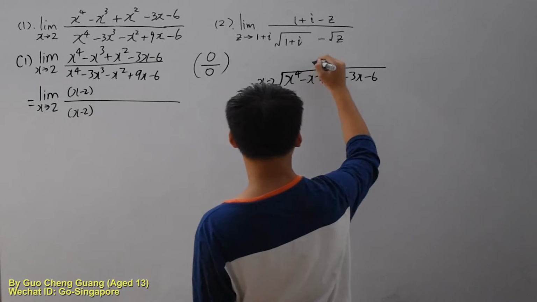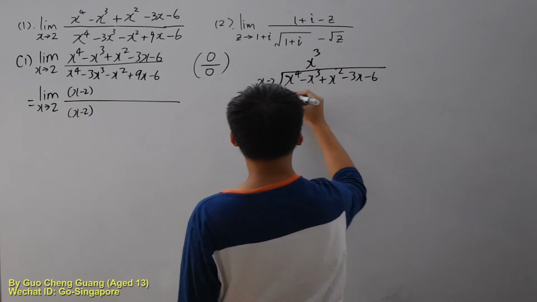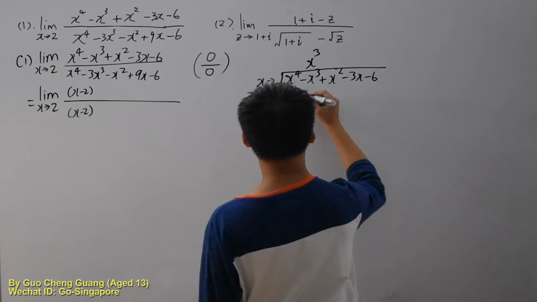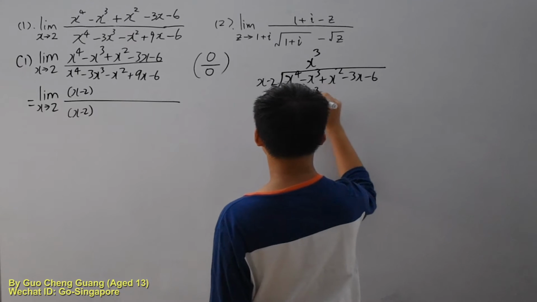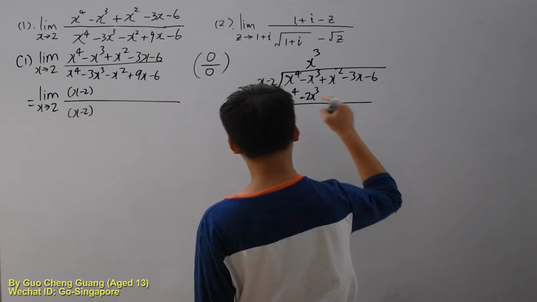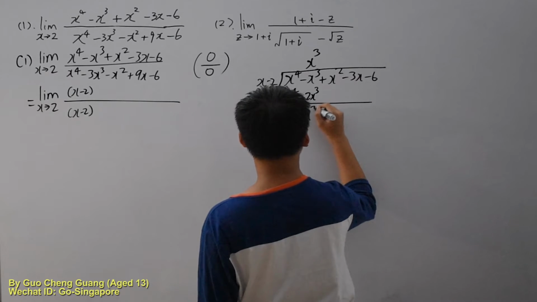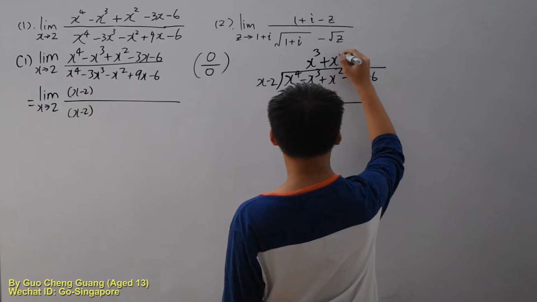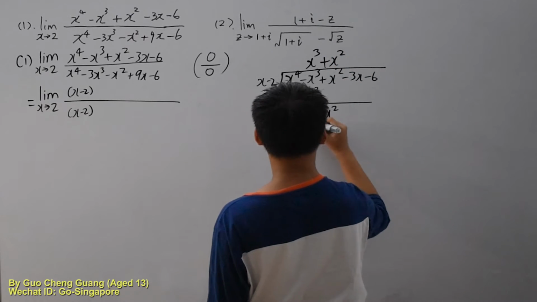Suppose you match these terms together. Here, the first part is x to the power of 4, then you subtract 2x cubed. Then subtract this entire part, so we get x cubed plus x squared, then plus x squared.